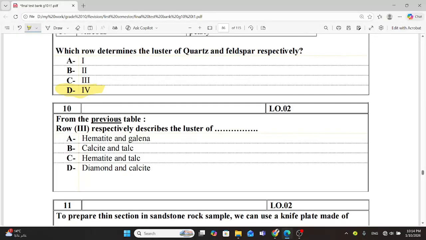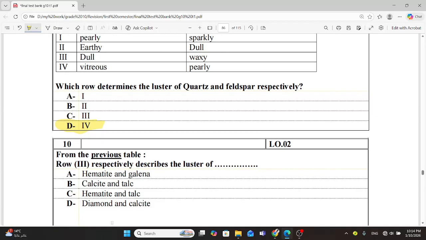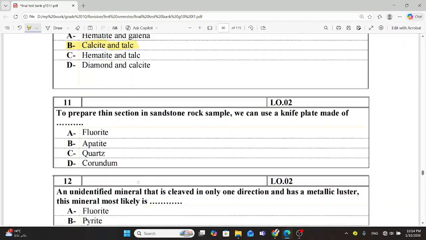From the previous table, row 3, dull and waxy describe the luster of, respectively, hematite and calcite, or talc: waxy for talc and dull for calcite.